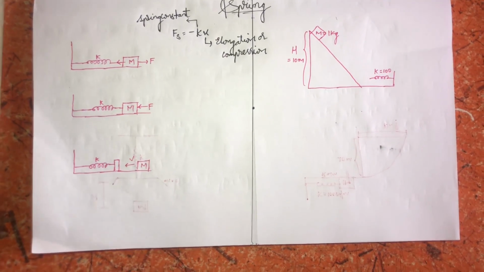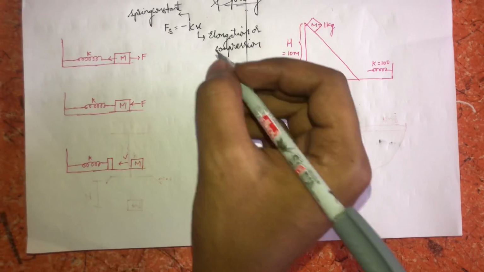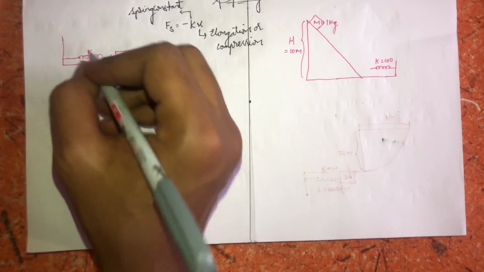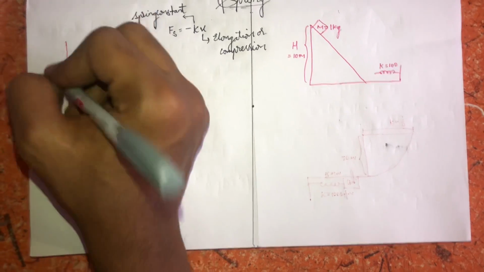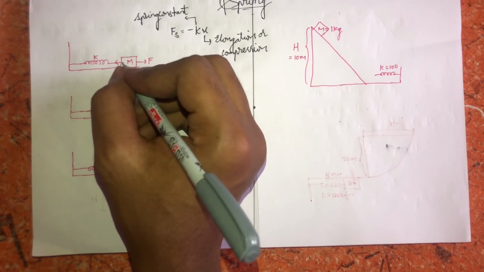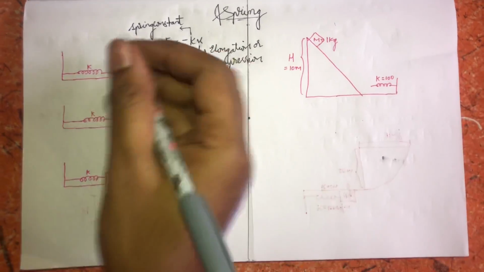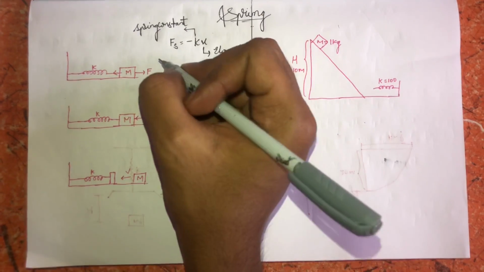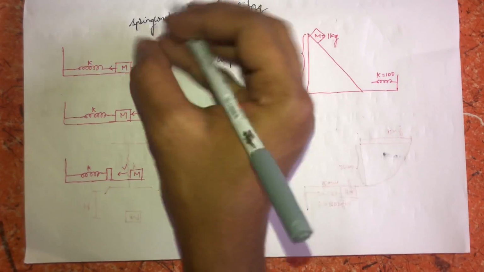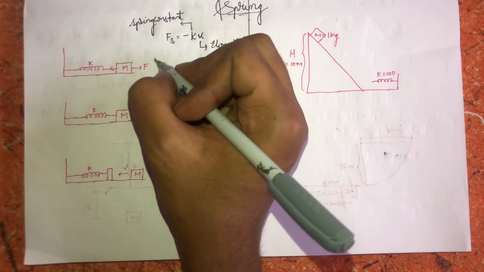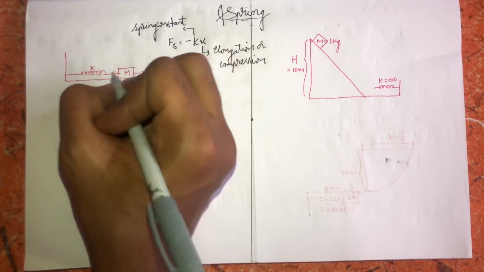Now let us see a problem. Here a spring is attached to a vertical end, where the other end of the spring is attached to a block of mass m. Then F net will be equal to, as I said before, the spring force always acts in the opposite direction.